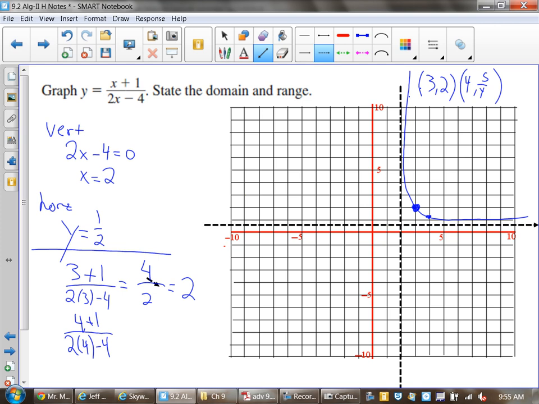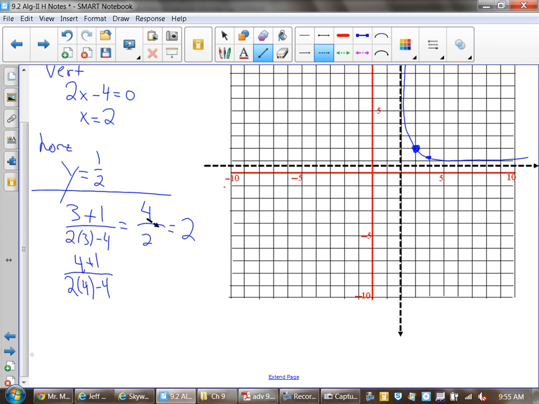I go to the other side at 1. So I get 2 over negative 2, which is negative 1.